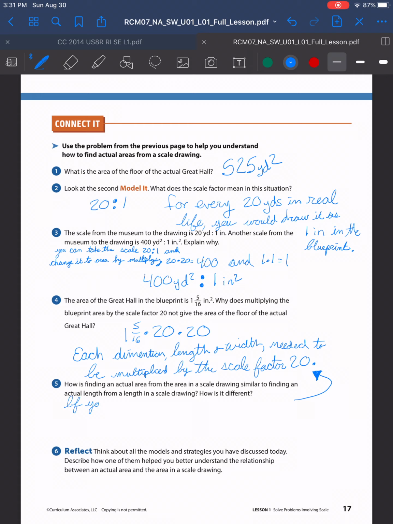If you're converting the area, you need to multiply it twice by the scale factor, which in this case was 20.